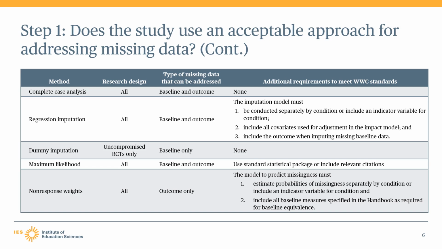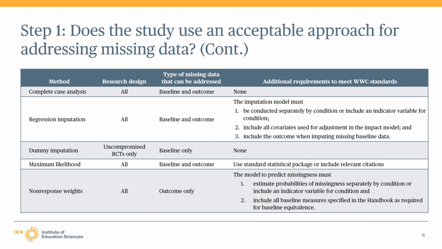Regression imputation methods are also acceptable for any type of group design and for handling either type of missing data. But the WWC has additional requirements in order for this type of approach to meet standards. Namely, the regression imputation model must be conducted separately by condition or include an indicator variable for condition.